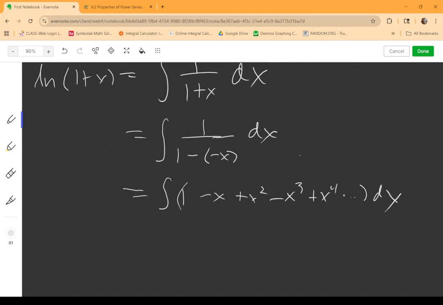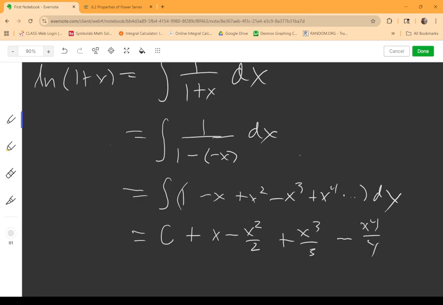And then taking the integral of that, I'm going to write the c up in front. So c plus x minus x squared over 2 plus x cubed over 3 minus x to the 4th over 4.